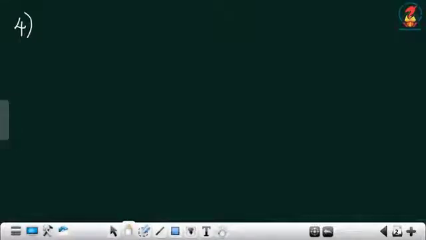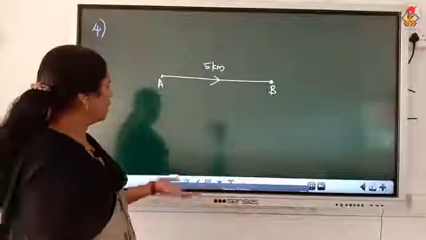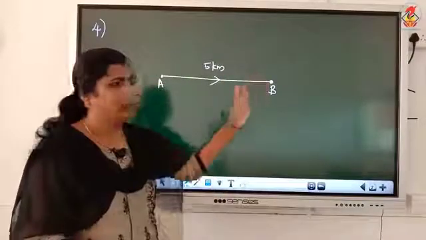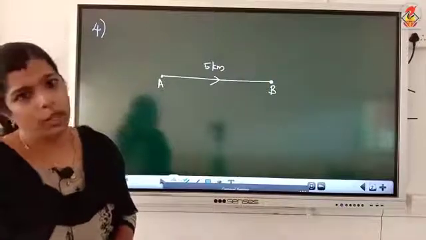Fourth one. Suppose an object is moving from A to B. From A to B, the length of this path is 5 km. A person or an object is moving from A to B. Length of the path is 5 km.